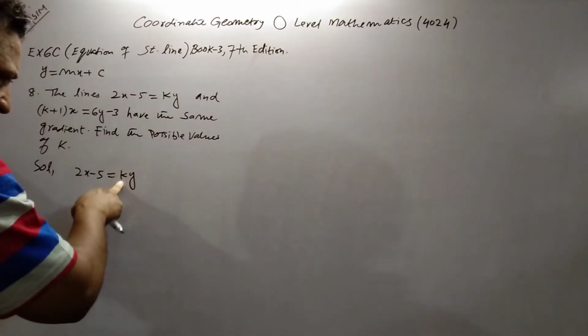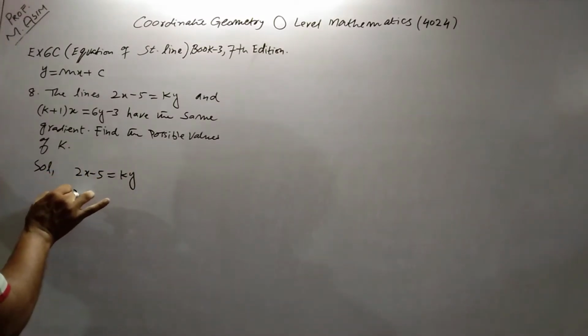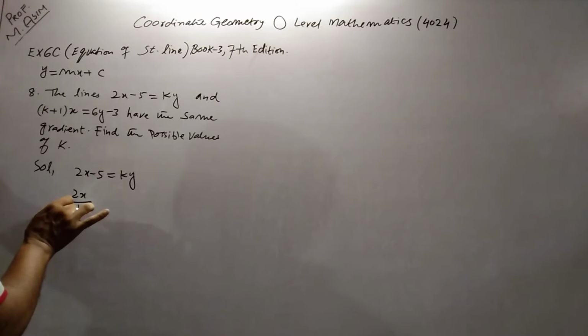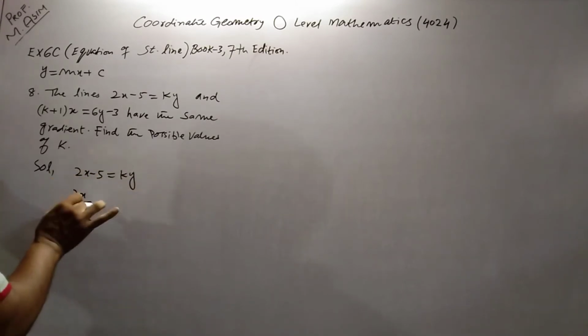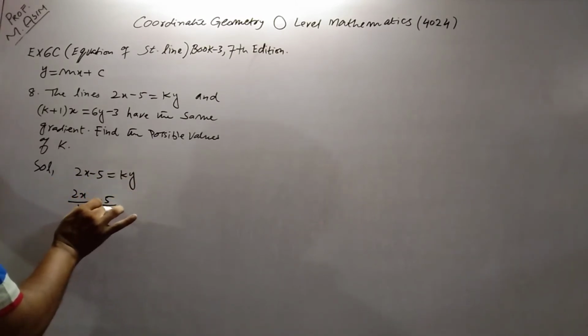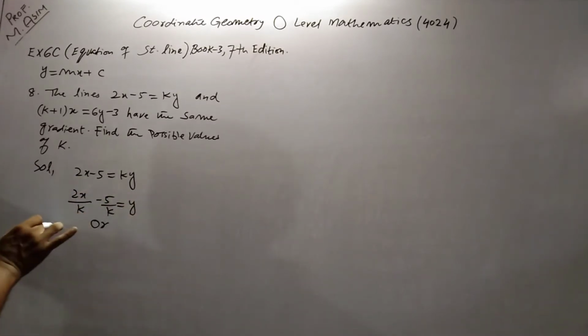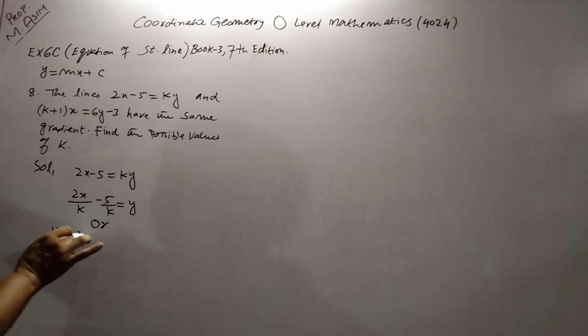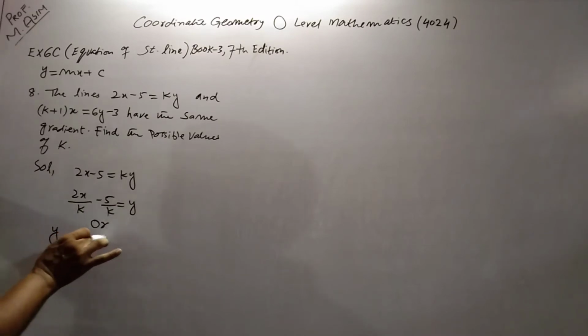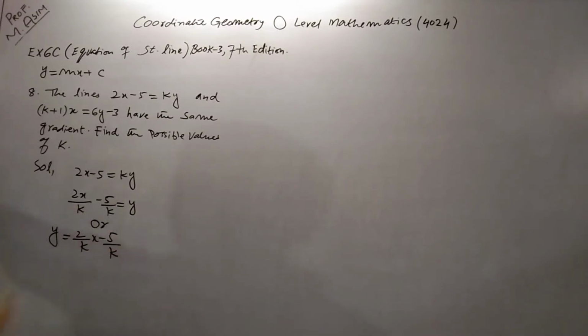This k is multiplied by y, so we divide both sides by k. 2x upon k minus 5 upon k is equal to y, or you may write y is equal to 2 upon k x minus 5 upon k. Now this given equation is completely transformed into the standard equation of a straight line.